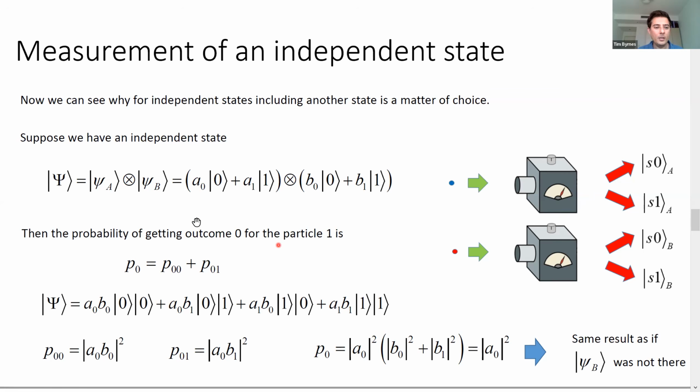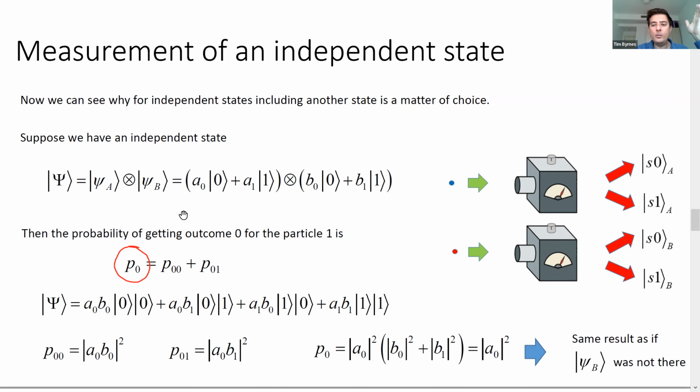So let's work that out. We start with this independent state, and figure out the probability of getting 0 on the first detector, which is P0.